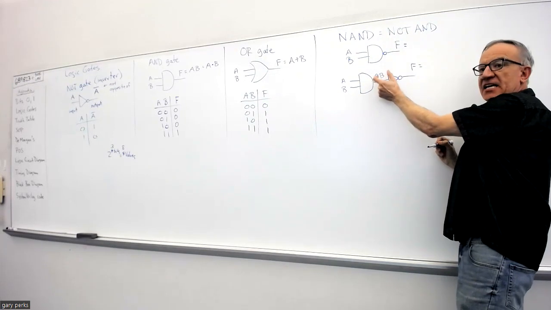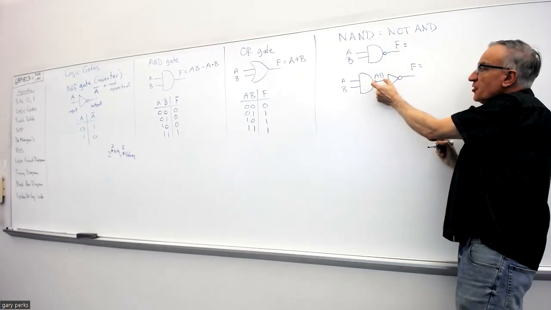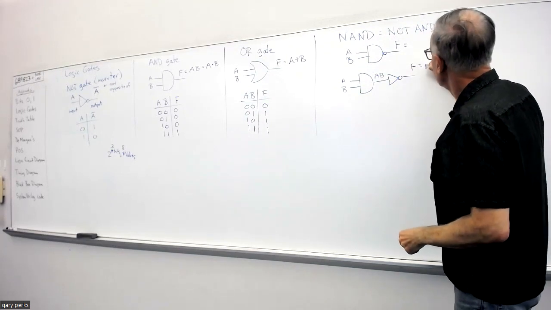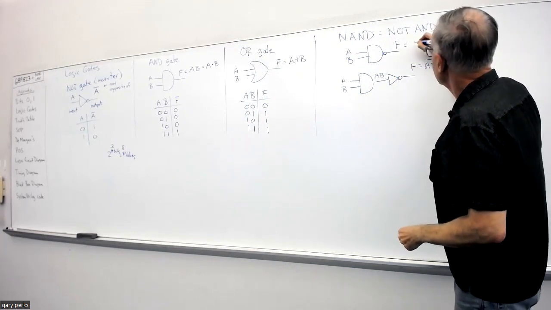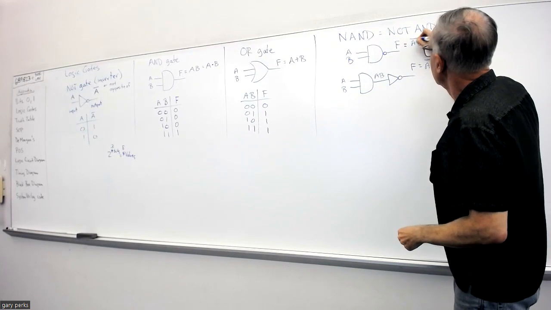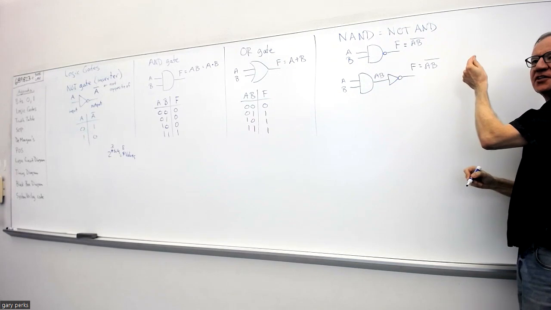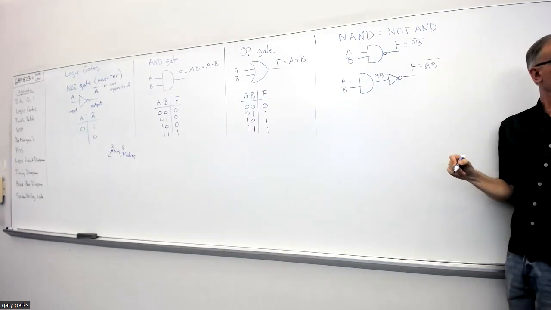Then the A and B that have been ANDed together, the whole thing gets inverted. So it looks like this. The A and B are ANDed together first, and then the whole thing's inverted.